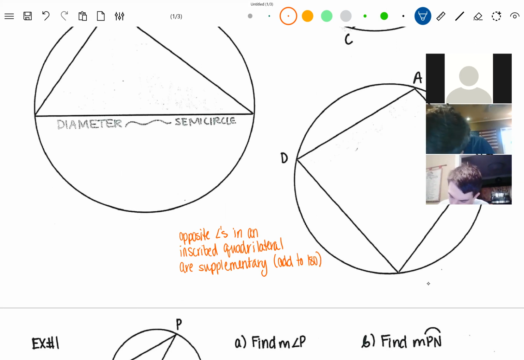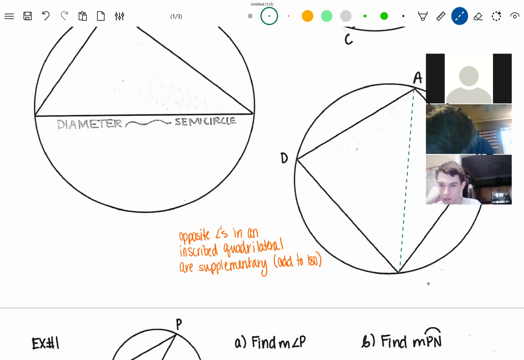If we look at angle B and angle D, in theory, let's pretend that this arc here measures 100.